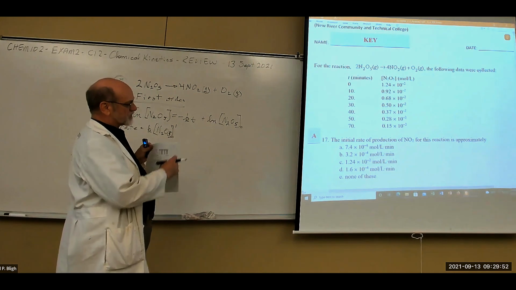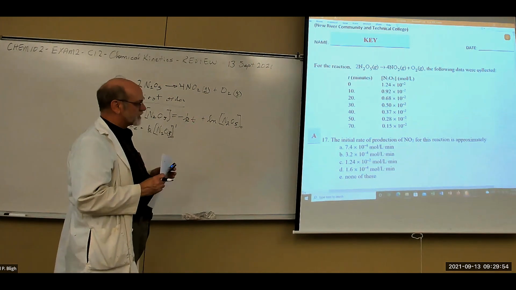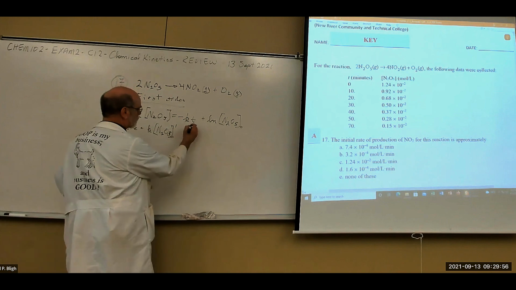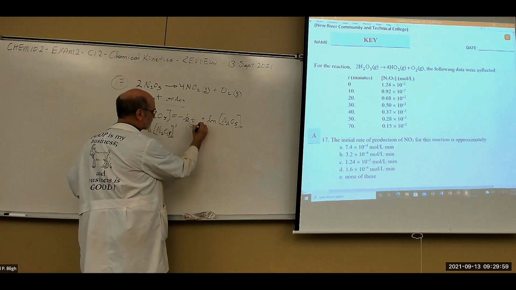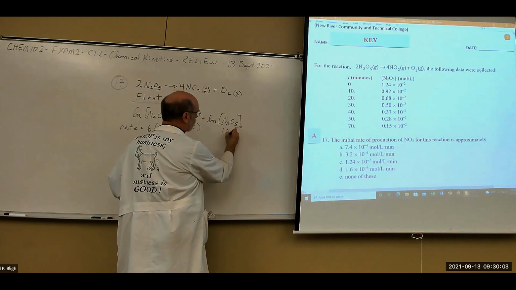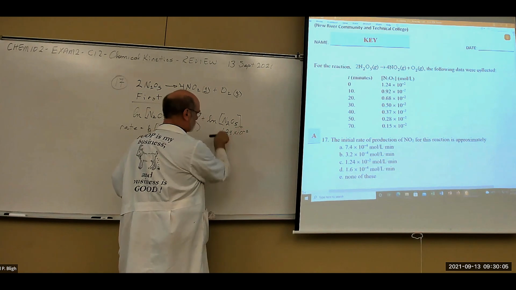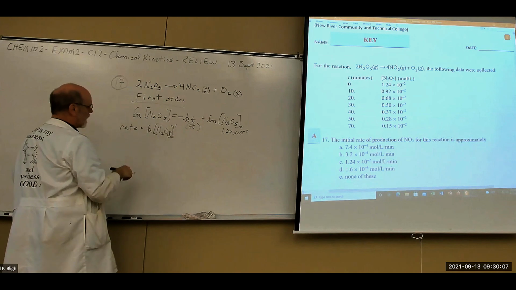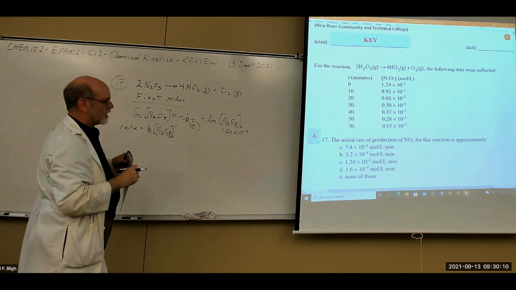So the time interval here is 70 minutes, so we're going to make this one 70 minutes. The initial concentration is 1.24 times 10 to the minus 2 here. And what's the final concentration?